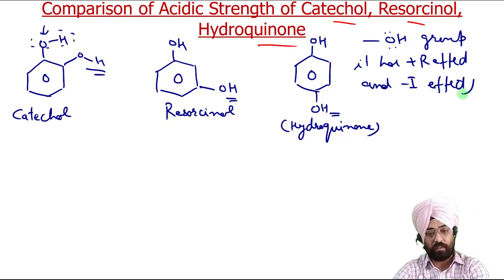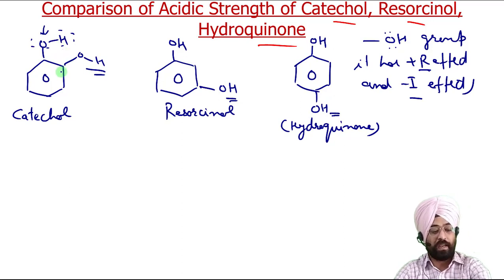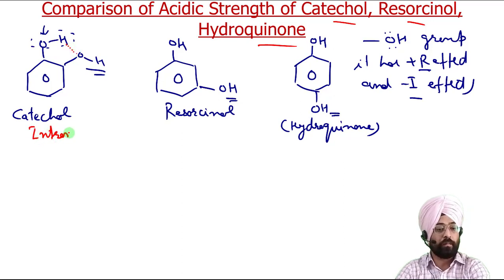Because oxygen is more electronegative, it has plus R and minus I effects, which are opposite to one another. Carbon as well as oxygen has 2p orbitals, so resonance is effective, and resonance is least effective at the meta position, because at the meta position it does not participate in resonance.